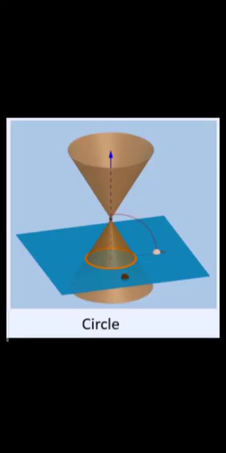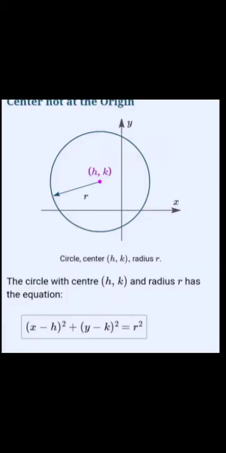So we also discussed the circle, the general form of the circle and its standard form. So in finding the center of the circle, it must be in the form x minus h squared plus y minus k squared is equal to r squared. Because the center is point (h, k) and the radius is r.